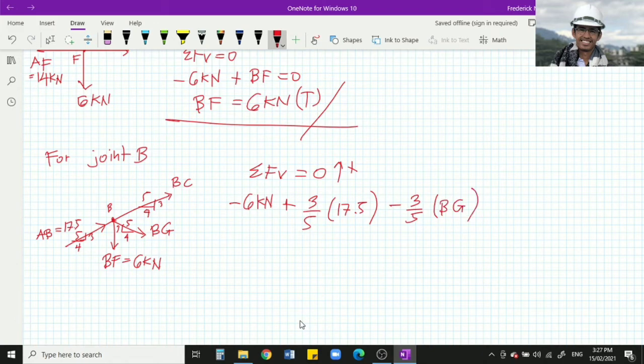And dito naman sa BC, yung vertical force niya, that will be 3 over 5 din. So yung inassume natin is tension, so magiging upward siya dito. It will be plus 3 over 5 BC. Okay? Is equal to 0.